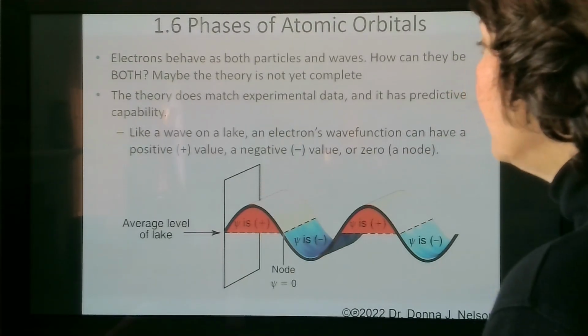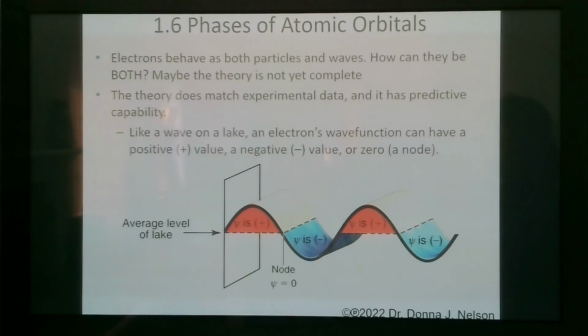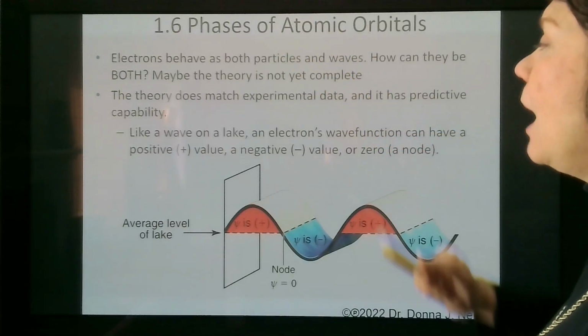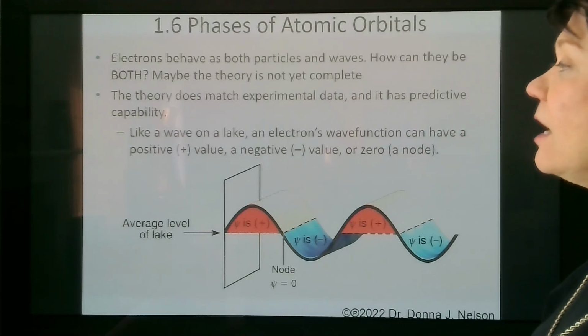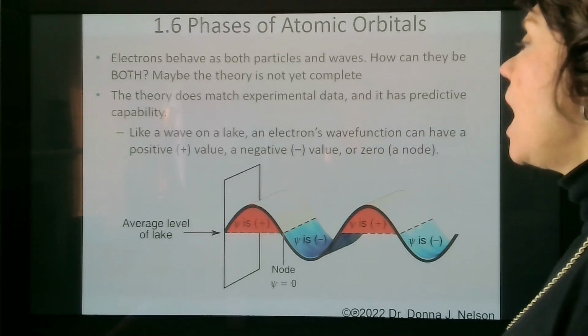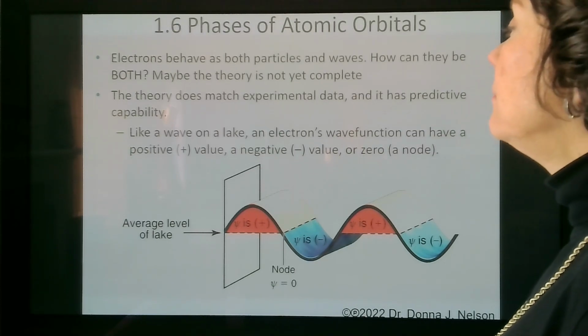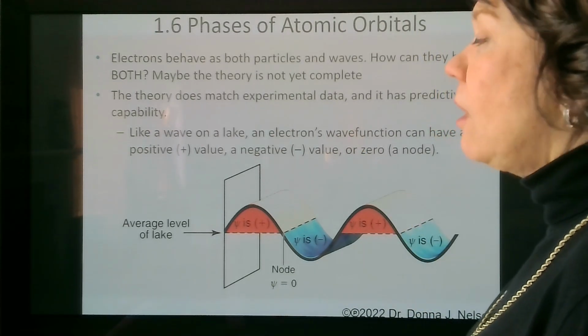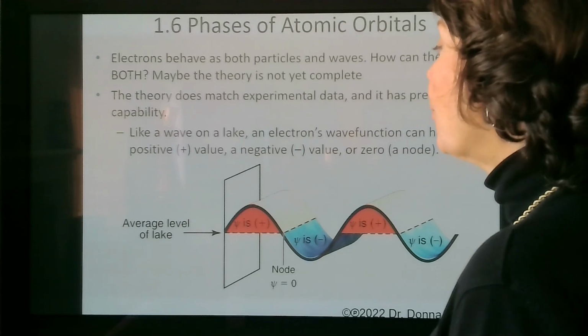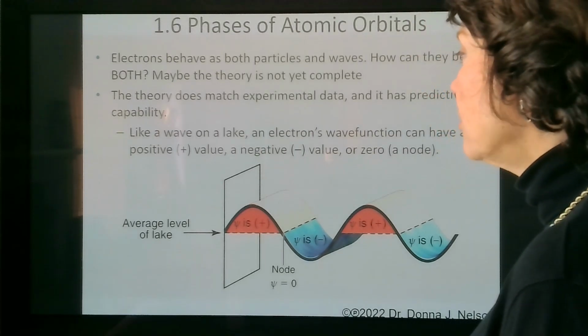Electrons behave as both particles and waves. Sometimes that can be confusing, but you can select which type of characteristic is needed in order to explain the observable. The theory matches experimental data and you can also use it to predict characteristics.